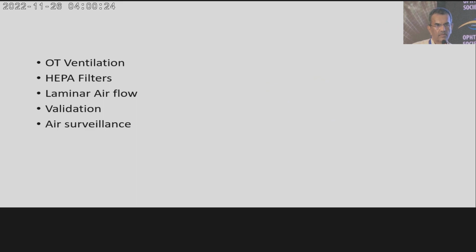That is, there should be at least 20 air changes per hour with 4 fresh air changes, then a minimum positive pressure ventilation of at least 2.5 pascals. In our OT it is maintained at 10 pascals, so that contaminated air from the neighboring area does not get into the OT.